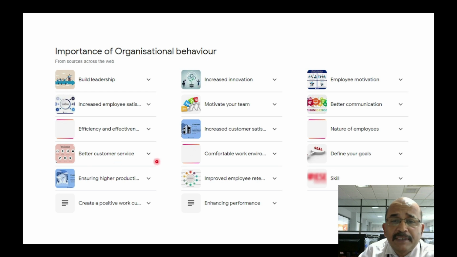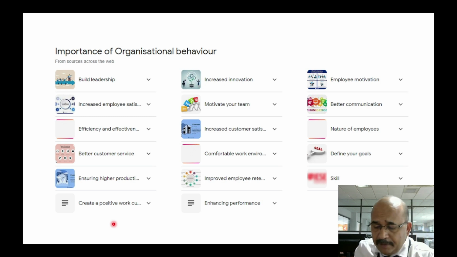Better customer service in the case of service industries, a comfortable working environment, defining the goals of the person, group, and the organization in total, ensuring higher productivity of the organization, improving the employee retention ratio, skill development, creating a positive work environment and enhancing the overall performance of the organization. So in all these areas, organizational behavior is important, whether it is any kind of work.